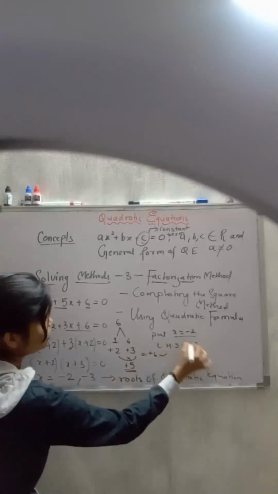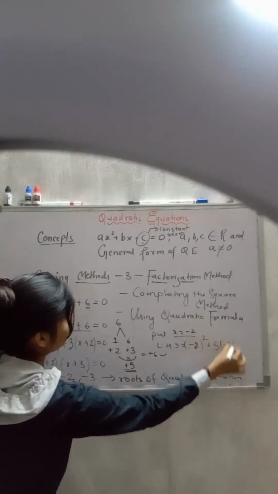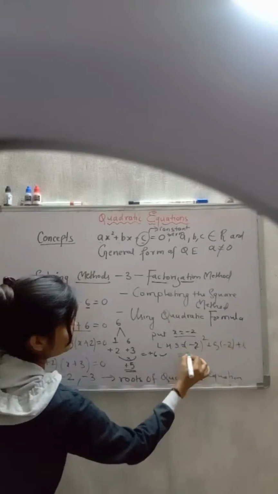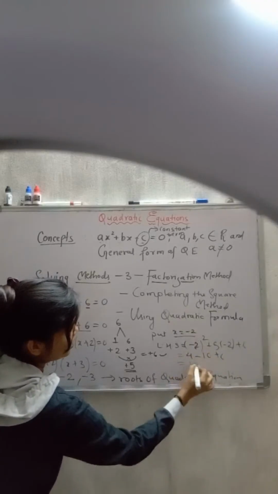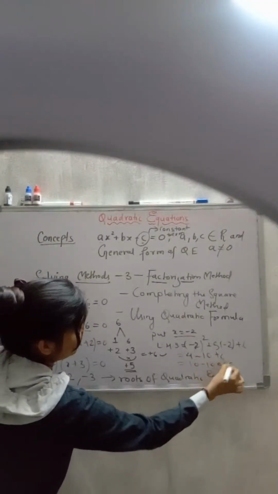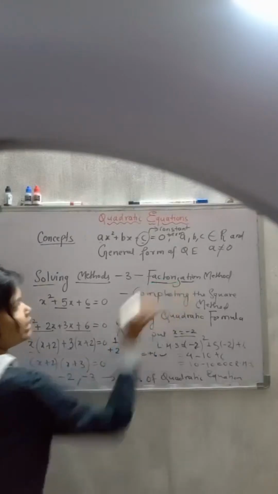So minus 2 square plus 5 into minus 2 plus 6 gives you 4 minus 10 plus 6, 10 minus 10, 0 equal to RHS. So these roots are known as the solution of quadratic equation, and this is the method to solve quadratic equation using factorization method.